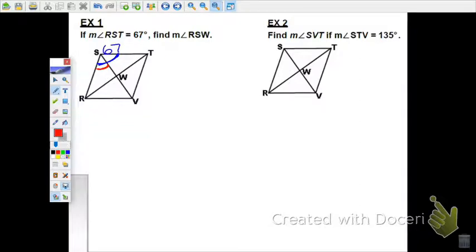No, we can tell they're not 180. They're not consecutive angles. Angle S and angle R or T would be consecutive angles of the parallelogram. So what's happening to angle S? It is being bisected by the diagonal. So half of 67 is 33 and a half, or 33.5.